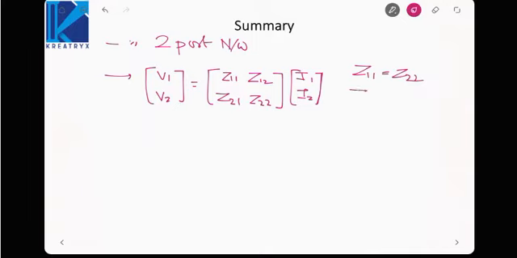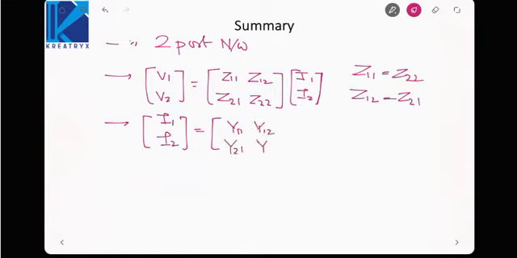For reciprocity we define Z12 equal to Z21. Inverse of these were the Y parameters. I1, I2 equals Y11, Y12, Y21, Y22 times V1, V2. Again for symmetry Y11 equal to Y22. For reciprocity Y12 equal to Y21.